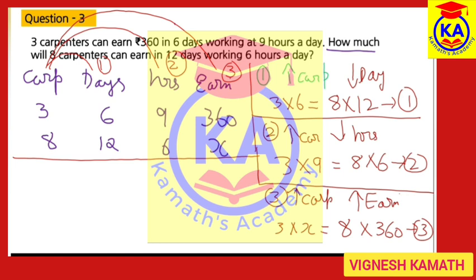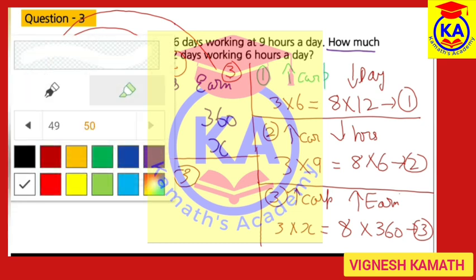Now the next step is combining equations 1, 2 and 3. Now how to combine? I hope you're getting this because I have already solved 2 problems. By now you should know how to combine the equations.